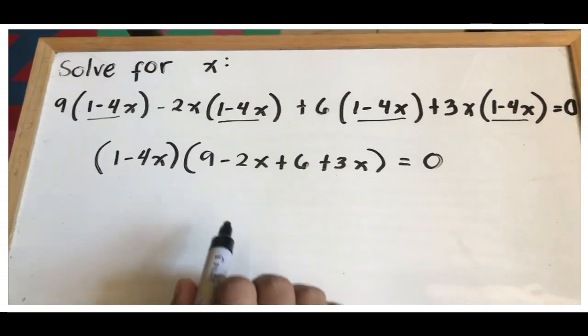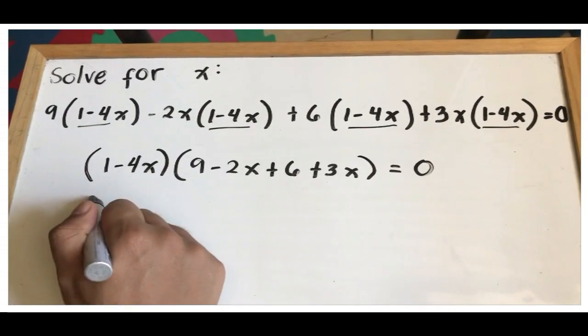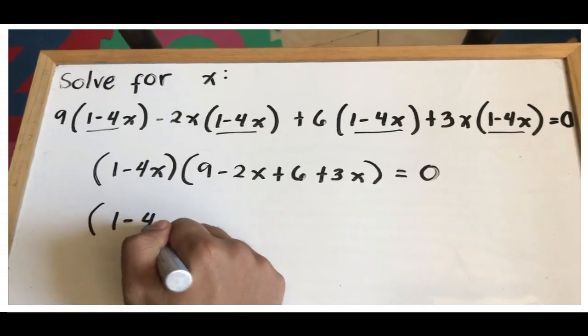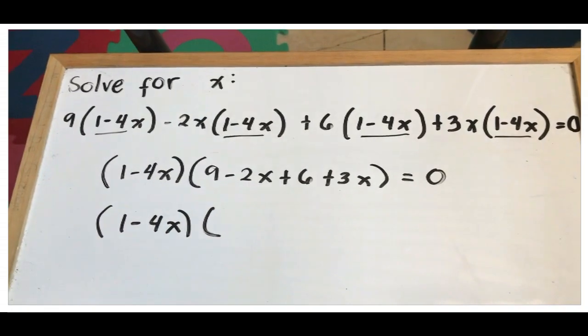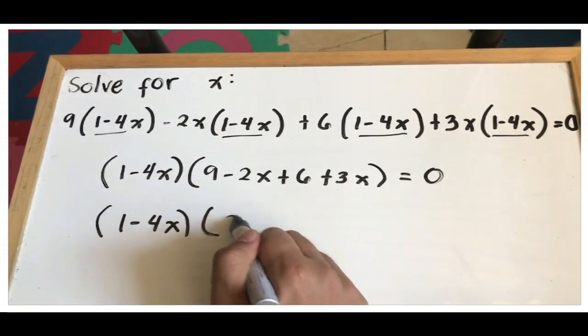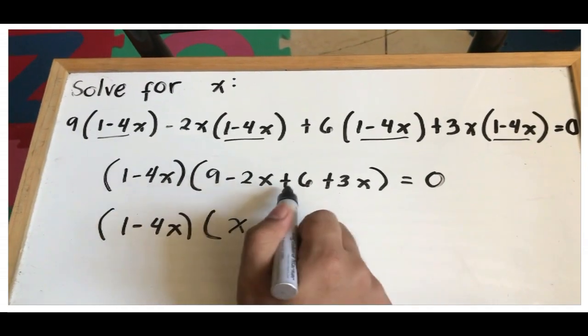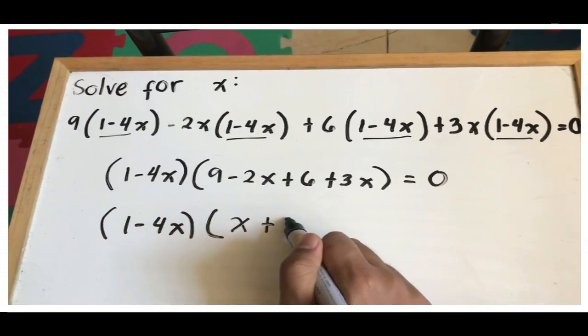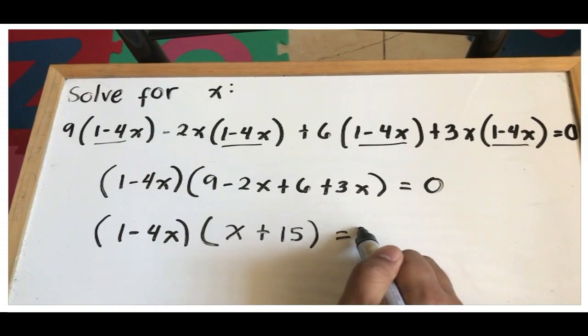This time, next step natin, combine like terms. 1 minus 4x, negative 2x plus 3x, x, 9 plus 6, positive 15 is equal to 0.